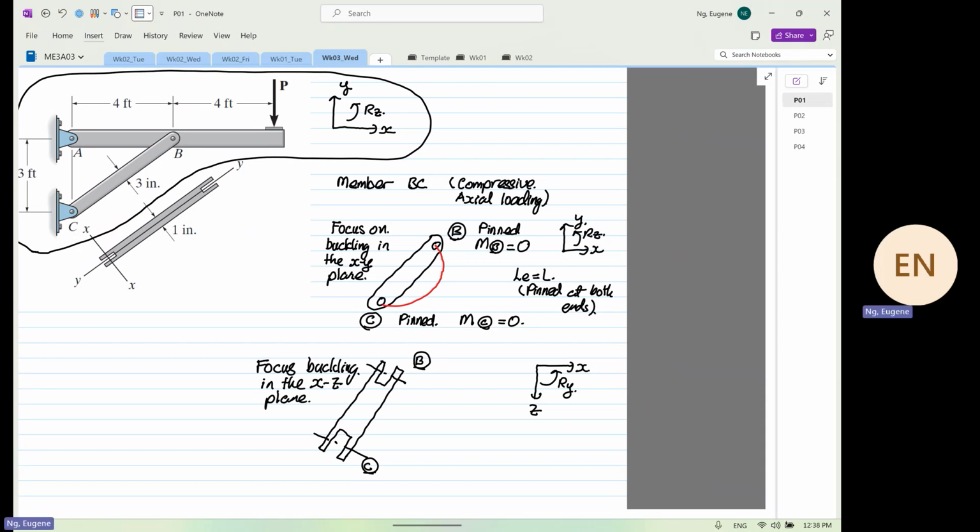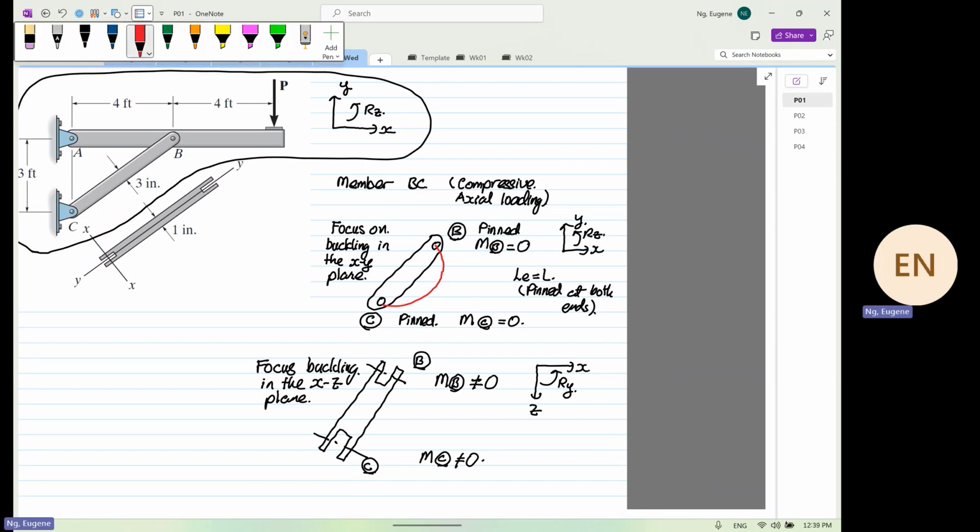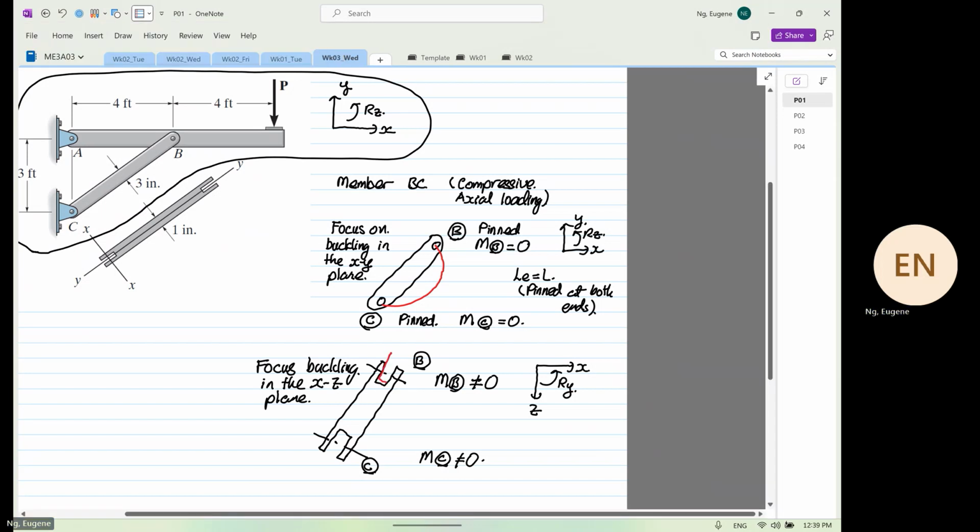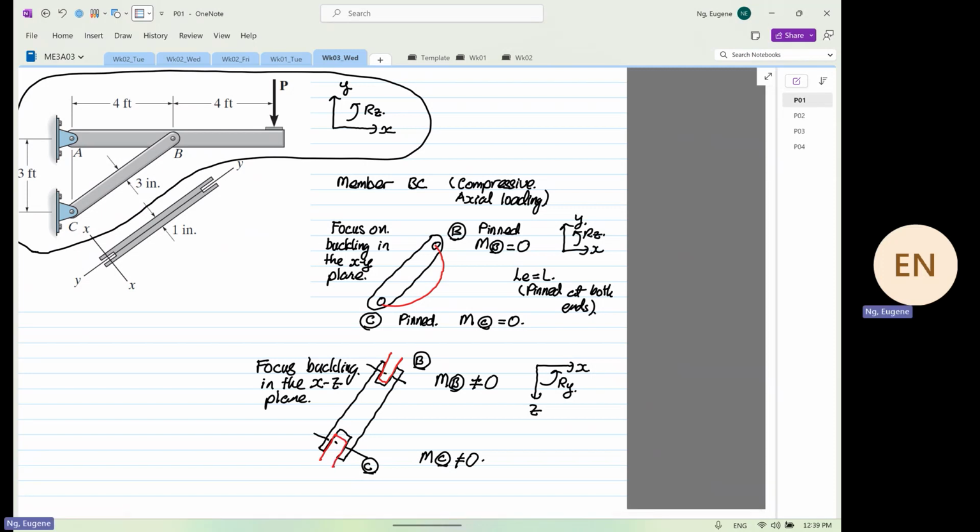So when this is the case, how this thing is fixed, the moment at point B is not equal to 0, and the moment at point C is not equal to what? 0, right? Because we have another body connecting here, like what you can see at point C and at point B.